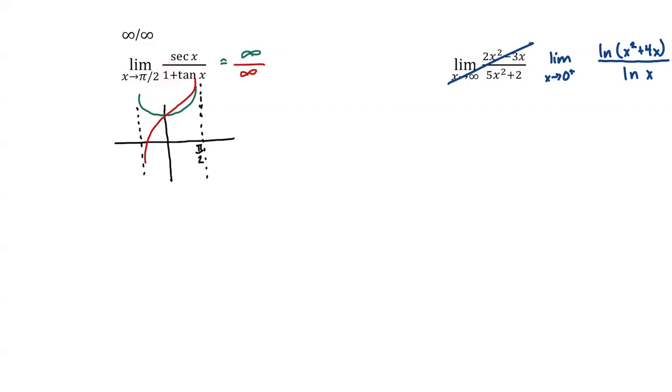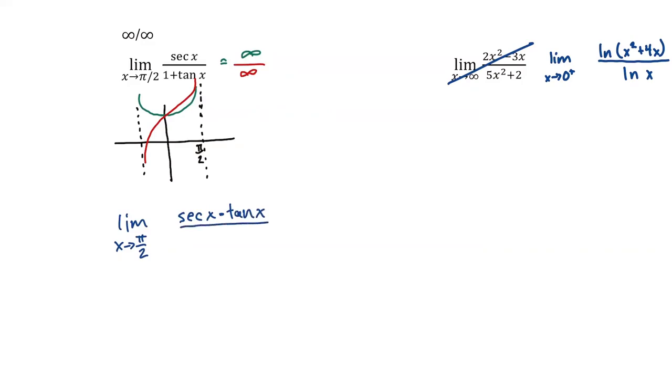So let's go ahead and look to take the derivative of the top and bottom separately. So the limit as x approaches pi over 2, which were our original functions had asymptotes. And now let's go ahead and take the derivative of secant, which is secant of x times tangent of x.